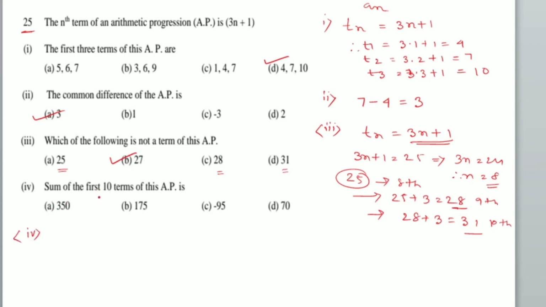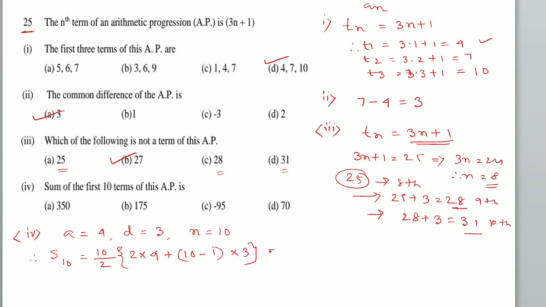Last one is sum of the first 10 terms of the AP. We have to find out the first 10 terms sum. Here A is equal to 4, first term means 4. Common difference D is equal to 3, and N means 10. So S10 will be, according to the formula, N by 2 into twice A means 4, plus N minus 1, 10 minus 1 into D means 3.